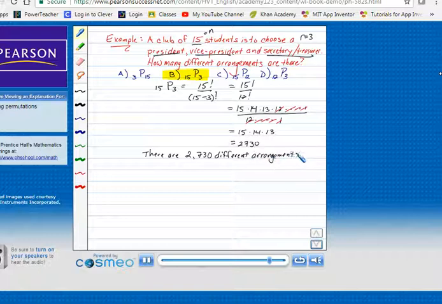Now that's a fancy formula. There's also an alternate method, but I'm just going to stop it right there. So now we've got that formula put to use. There's always going to be first, second, third place, or a secretary, vice president. There are 3 things usually in these examples on the test and on this assignment.